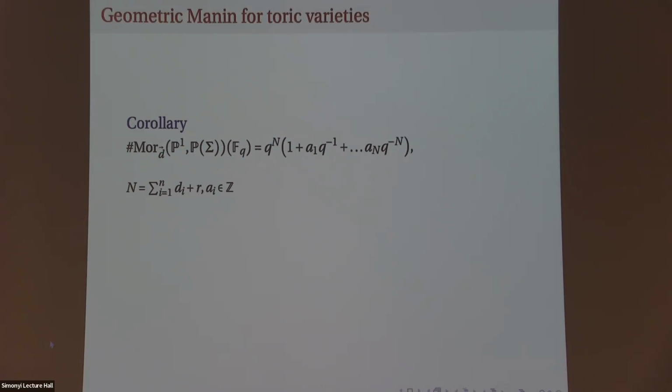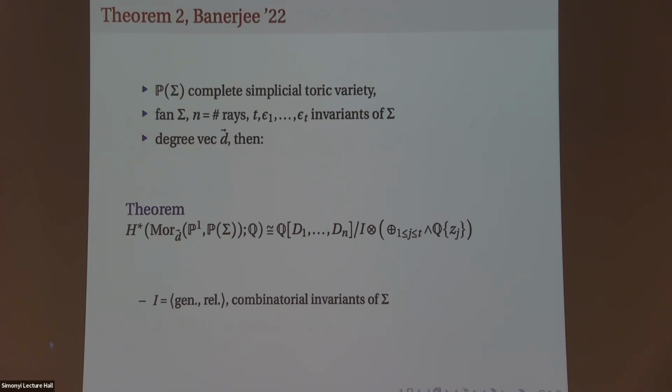Okay, any questions so far? Sorry, on the previous slide, can you say explicitly what the D_i's are? The D_i's are the generators of the cohomology of P sigma, so I can think of them as divisors. Yes.